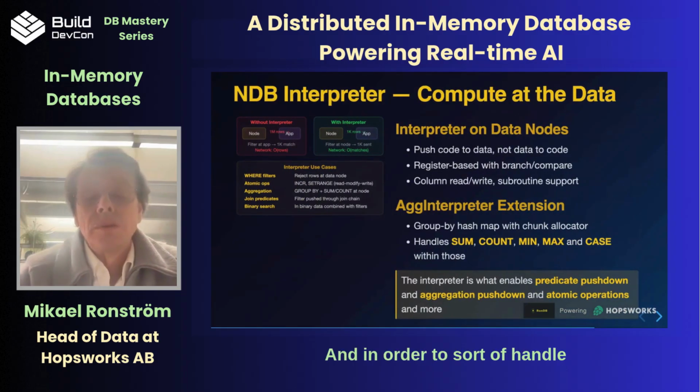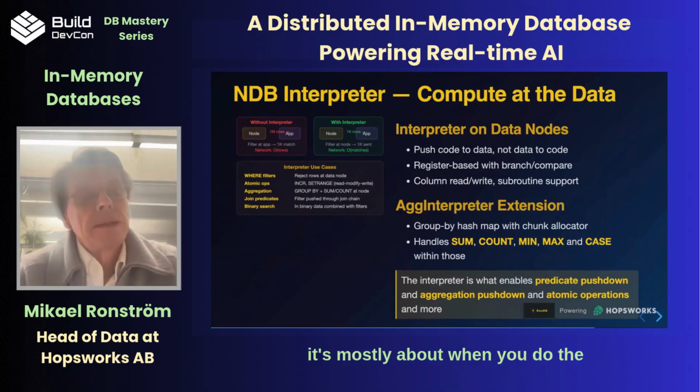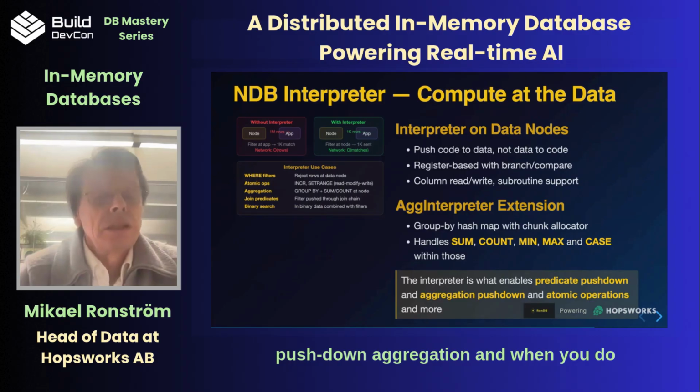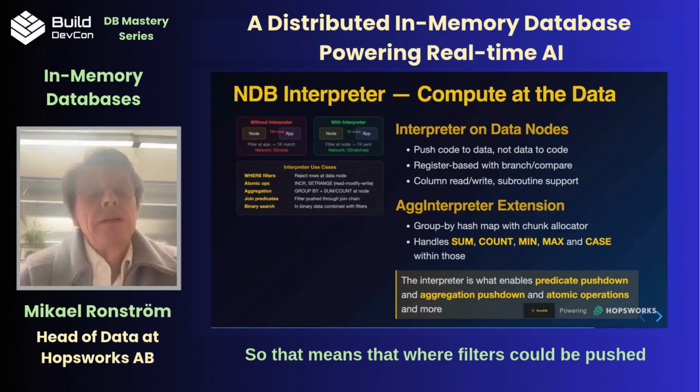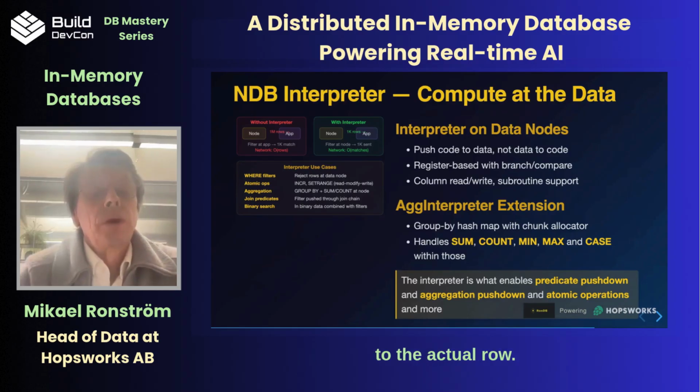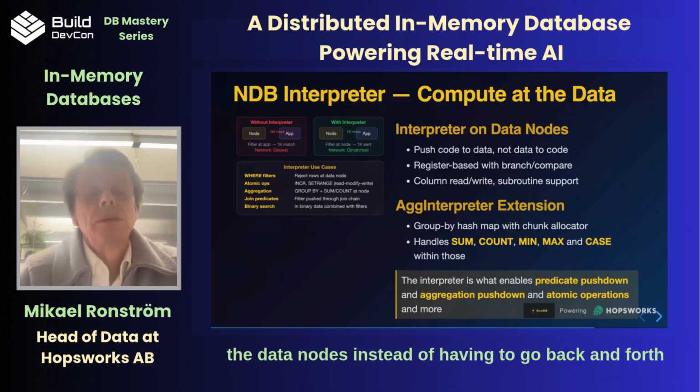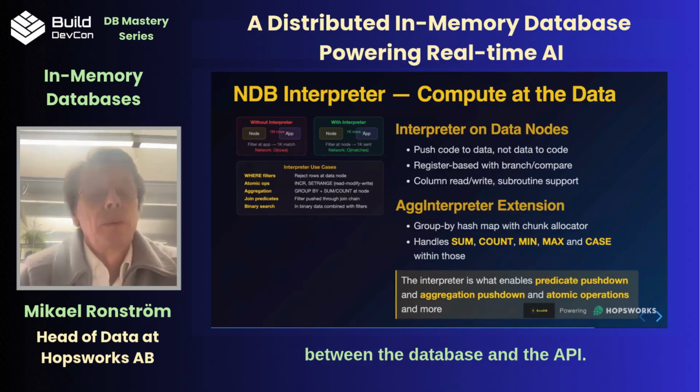And in order to handle all this, it's mostly about when you do the push down aggregation and when you do filterings and all sorts of things, you can actually use an interpreter inside RonDB. That means that filters can be pushed to the actual row, and you can have atomic operations like A equals A plus 1 done in the data nodes instead of having to go back and forth between the database and the API.